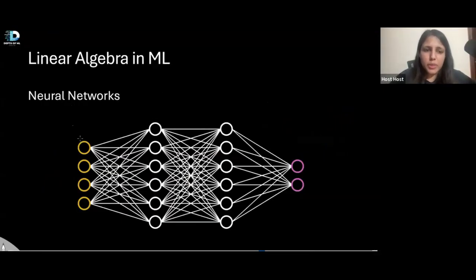This is a neural network. So my input here will be a vector, an input vector. And when this data goes in, these are my neurons, and these are my hidden layer neurons. And this basically is nothing but a matrix.